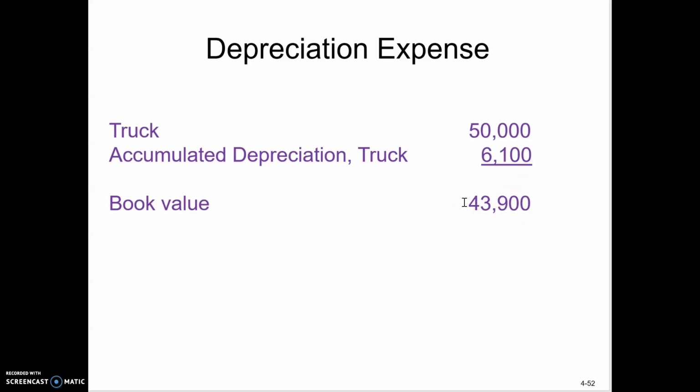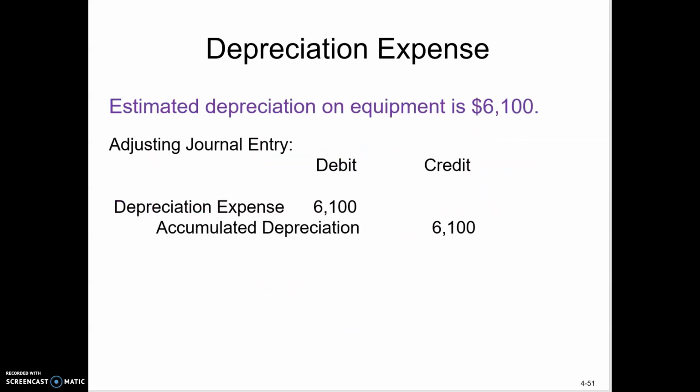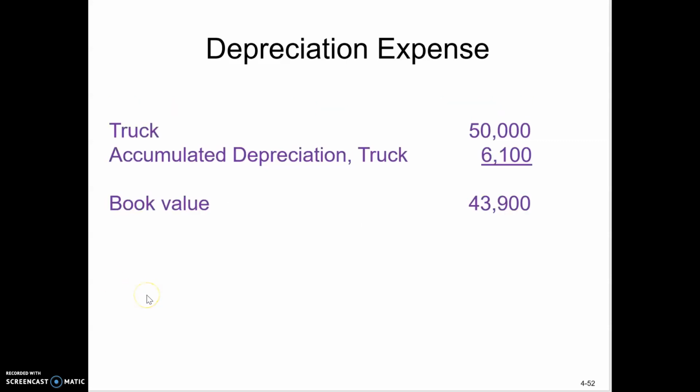Now, if the next year we took another $6,100 in depreciation, let's say we made the same journal entry again, and one of the methods we use, straight line, does spread out the cost evenly over the years. So the accumulated depreciation would go up to $12,200, and that has a credit balance, the debit balance of $50,000, subtract the $12,200 credit balance.